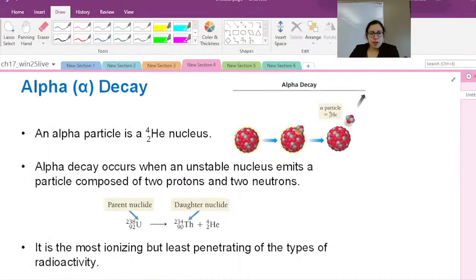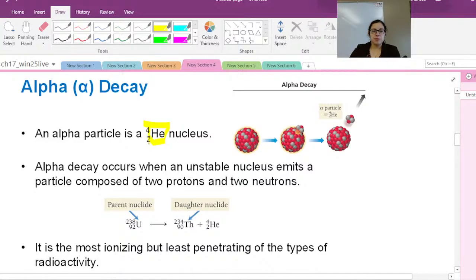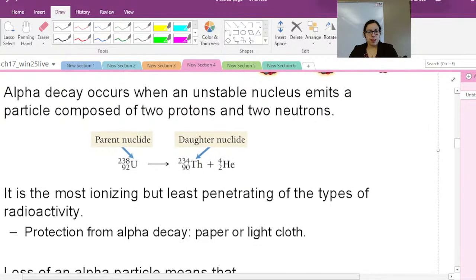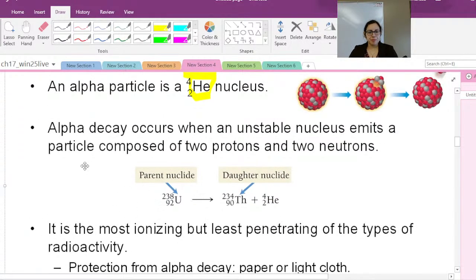And so what does that mean when it undergoes alpha decay? It just loses this nucleus, a helium atom. So 4 for our mass, 2, of course, for our protons. This is more of the classic example of alpha decay. So this would be uranium-238.